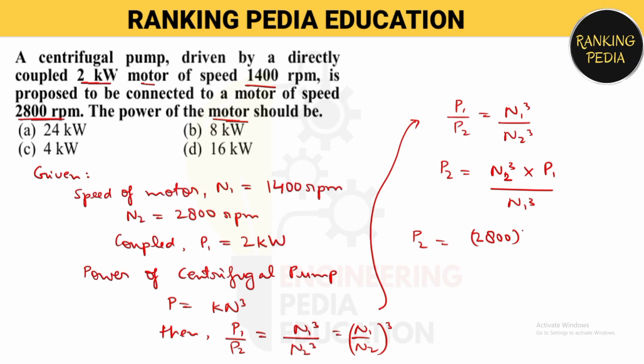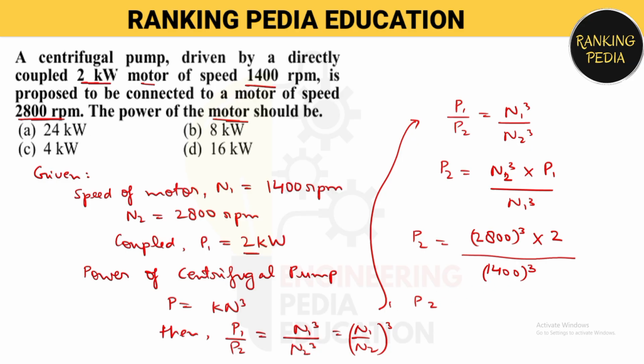2800 into whole cube into P1 is, P1 mentioned is 2 kW, 2 whole upon N1 cube. N1 cube is 1400 into whole cube.